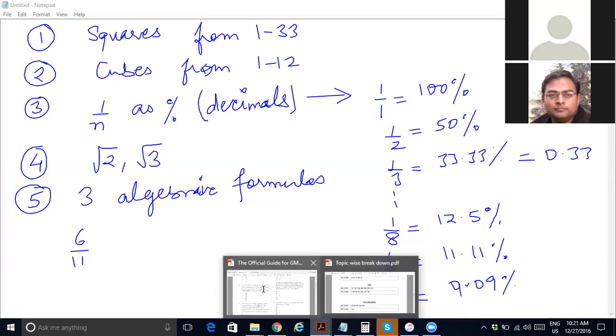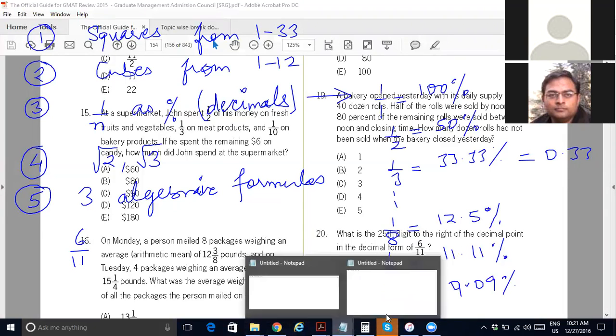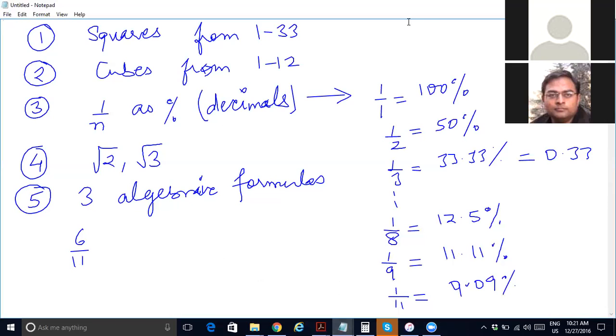Yeah, the 25th digit of 6 upon 11. We know that 1 upon 11 is 0.090909, and it goes on. So 6 upon 11 is multiplying 6 by 0.0909, so we get 0.5454 like this.